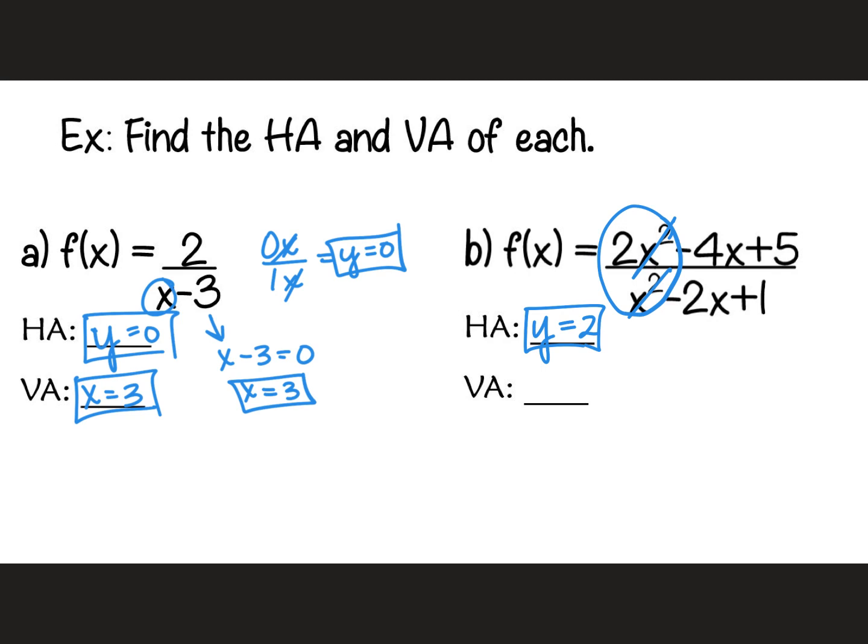To save us some time, the numerator here is not factorable, so it just stays as the trinomial, but the bottom does factor into x minus 1 times x minus 1. So you'll see nothing cancels, so the vertical asymptote, even though there's 2 factors, is only located at x equals 1.